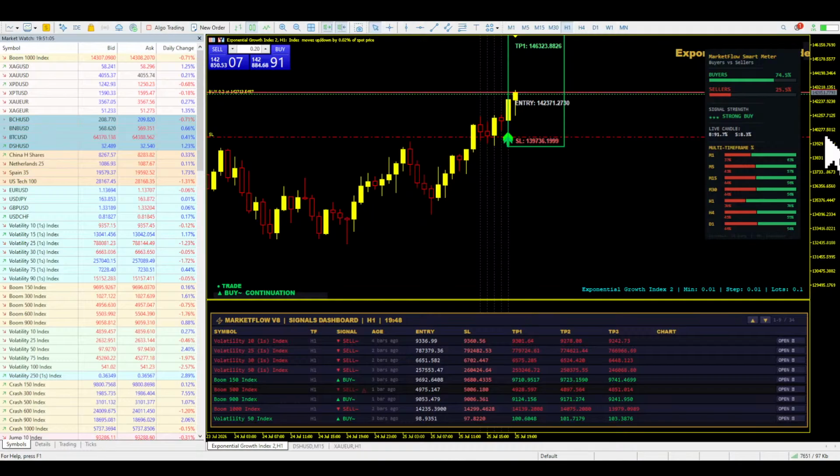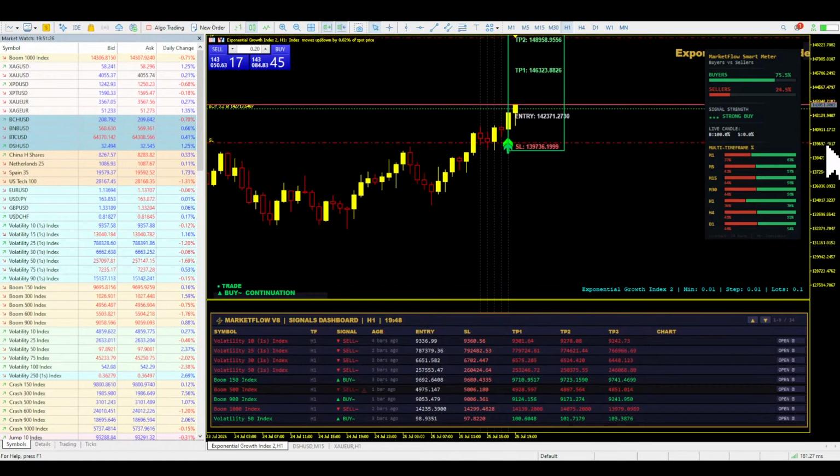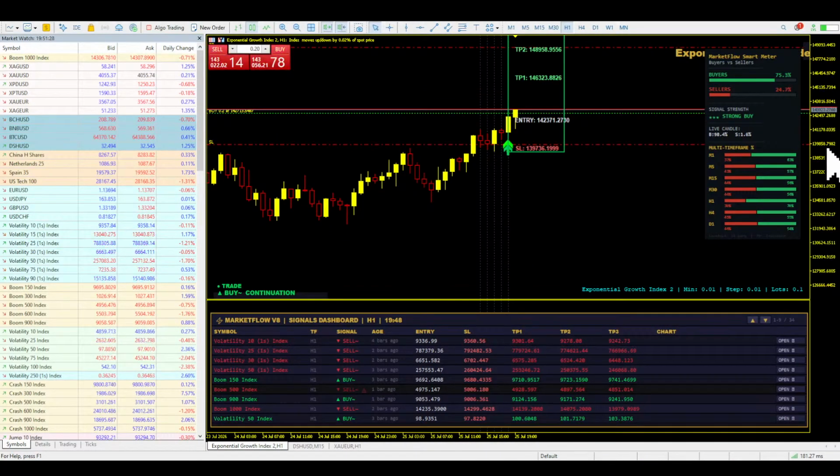It increases your win probability. That's what we're trying to achieve with the buyers and sellers indicator, on top of the dashboard indicator, which is insane. If you don't have the dashboard indicator, you can use the smart meter with the market scanner.